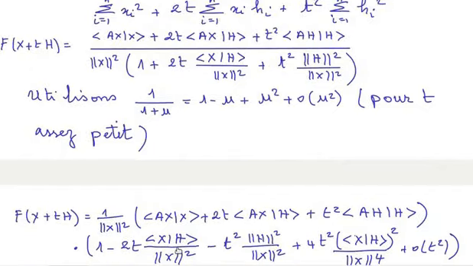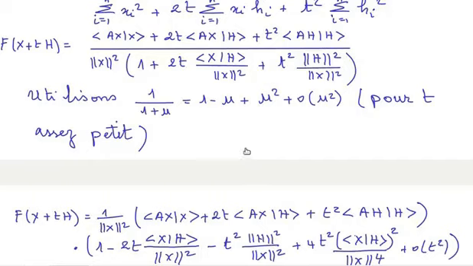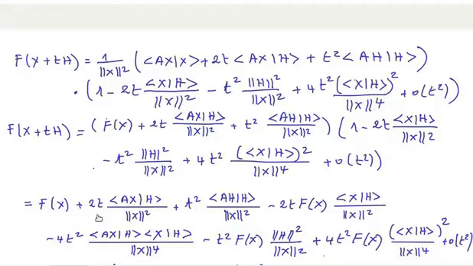So if we expand, we will have the numerator divided by the square of the norm. We will write it with its factor, 1 minus u plus u squared. So it will give 1 minus u minus that term, the two terms minus minus, then plus the square of u, but we only take the square of the first term because the other exceeds the order of 2 in t, plus little o of t squared.